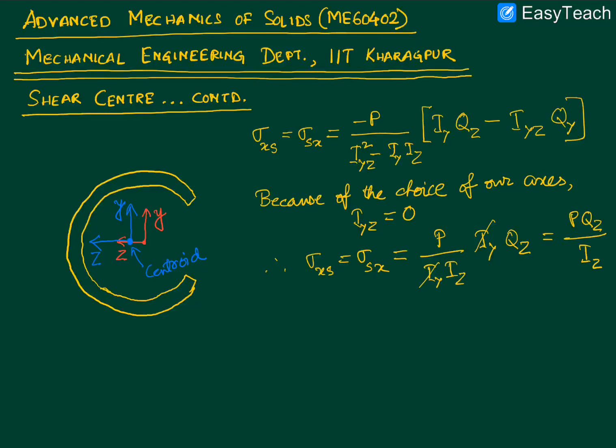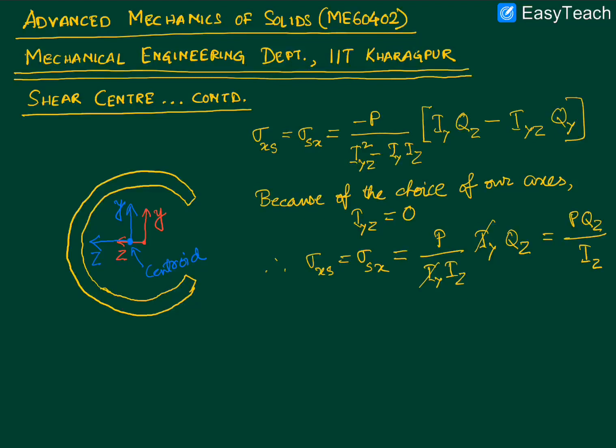So if we come back to this diagram, for a moment you imagine that instead of this z axis, perhaps you were actually referring to this red colored z axis, then would that make any difference to the resulting value here? I repeat, whatever we have done till now for this sigma sx or sigma xs, we have ended up with this expression, and it involves only things which are with reference to the z-axis.